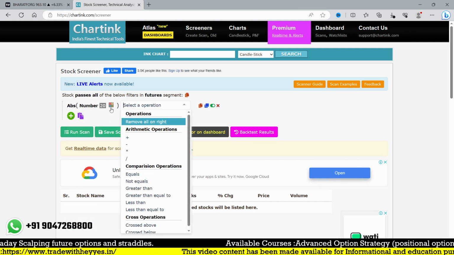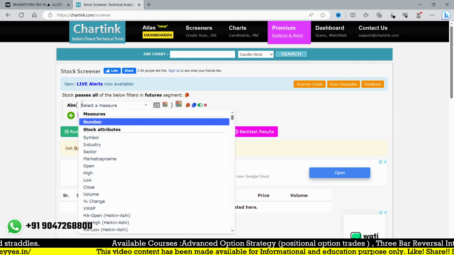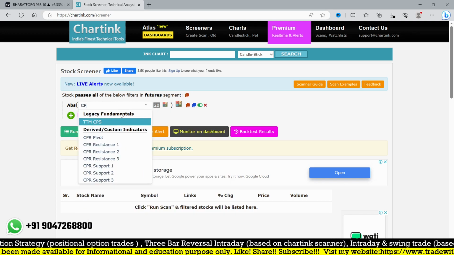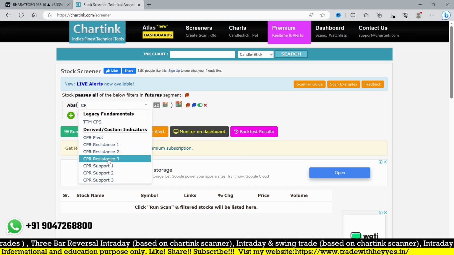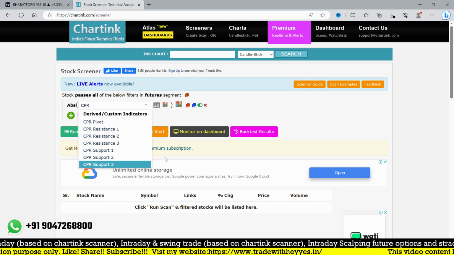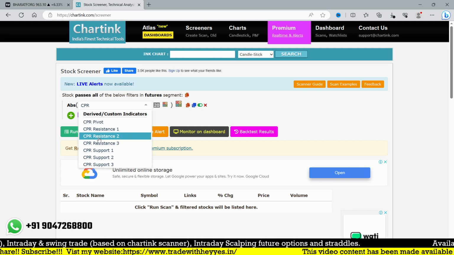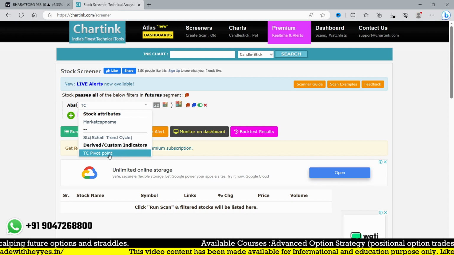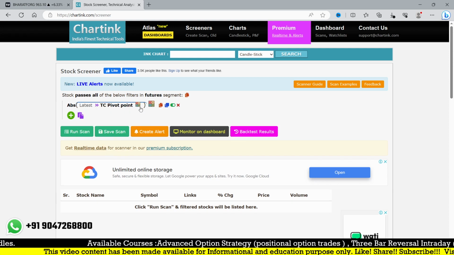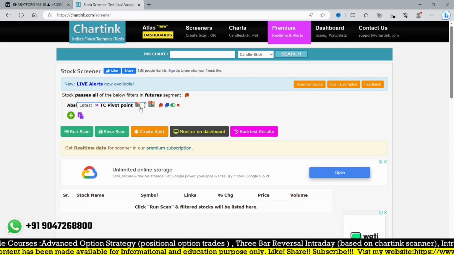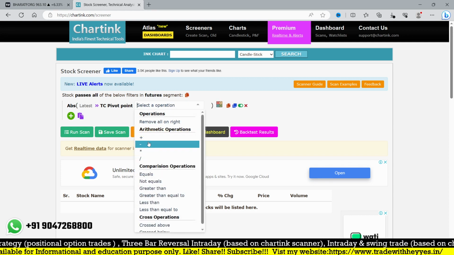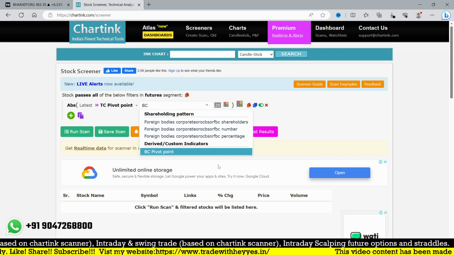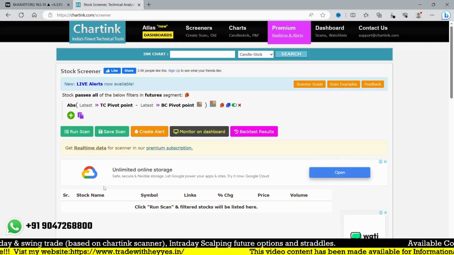There is one function available here that I'm going to use for top CPR and bottom CPR, TC and BC. Taking the TC pivot point, that means top CPR, we subtract the bottom CPR, BC. Then we will get some values.